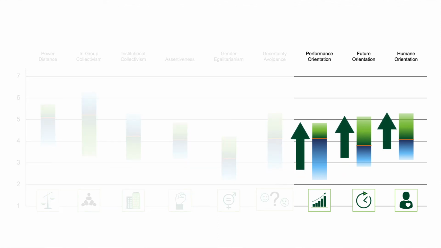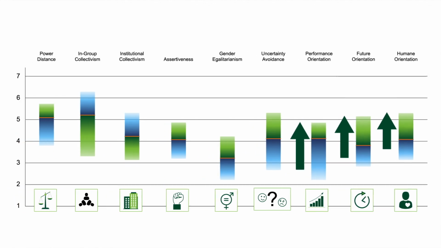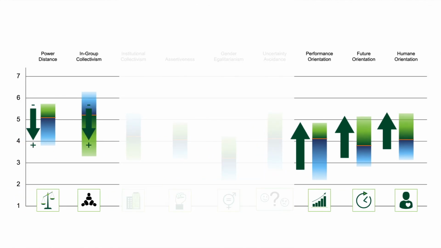High practice scores in performance orientation, future orientation, and uncertainty avoidance correspond to high degrees of economic health and quality of life conditions. The same is true for low scores in power distance and in-group collectivism practices. There are no such correlations at the level of values.